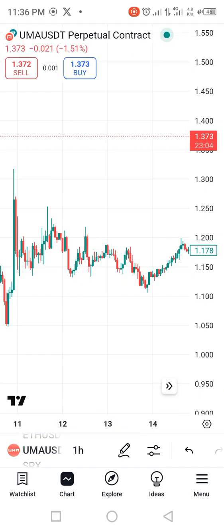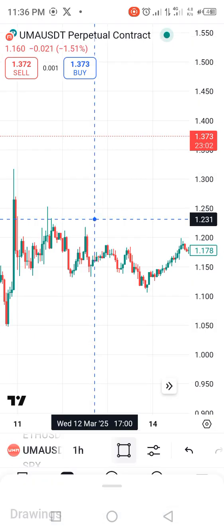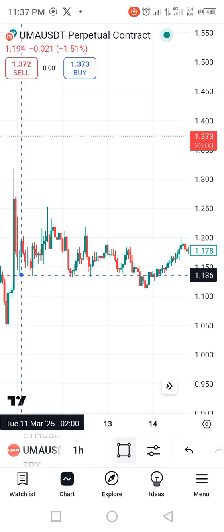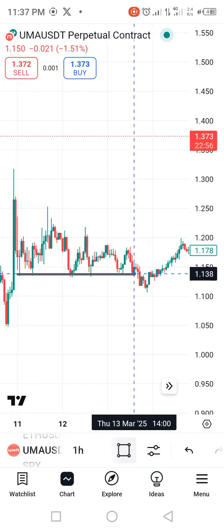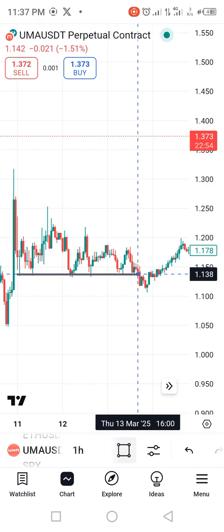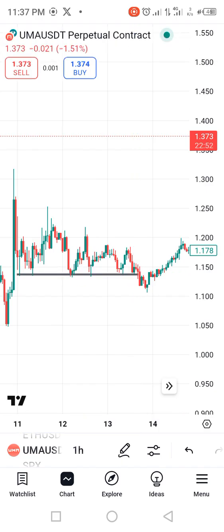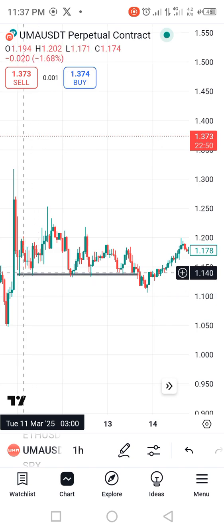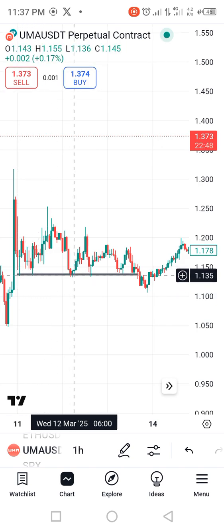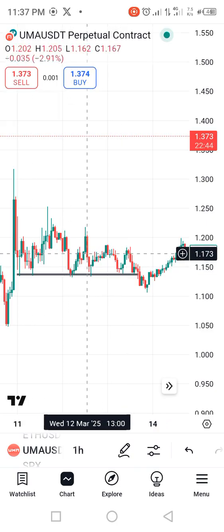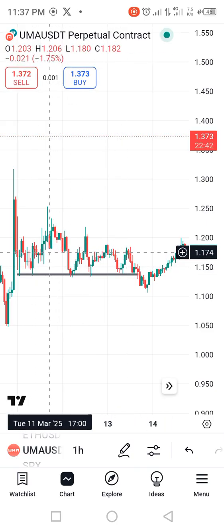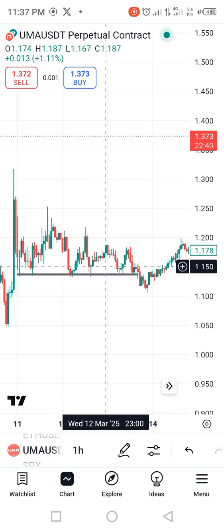I should draw a better line, something like this. Can you see it? It started making equal lows, thereby accumulating, ranging within the upper side and the lower side.